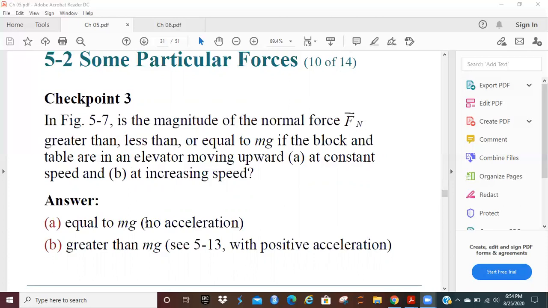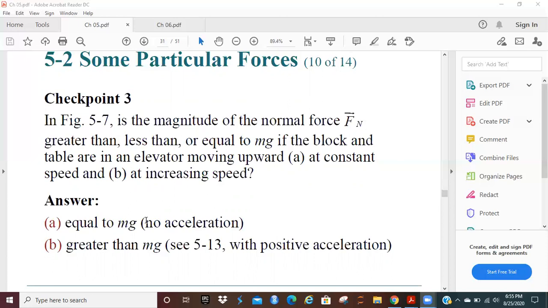That's the word I was looking for. So in other words, it's not speeding up, it's not slowing down. It's just moving at a constant speed. Now, let's change that to an increasing speed. So the elevator is moving upwards at an increasing speed.